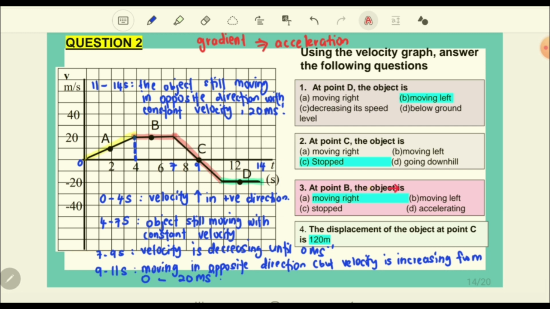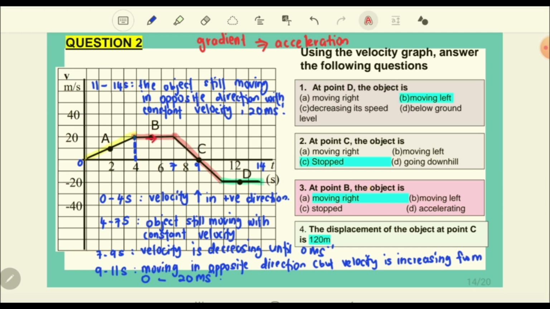At point B, the object is moving to the right. Yes, it's true. From 0 to 4 seconds, it's moving to the right. From 4 to 7 seconds, it continues moving to the right with constant velocity of 20 meter per second. It stopped? No, it's not static, because this is not a graph of S against T, this is a graph of V against T. Moving to the left?